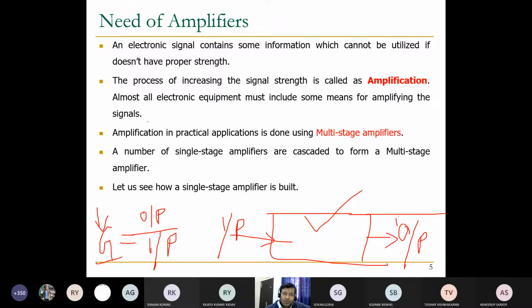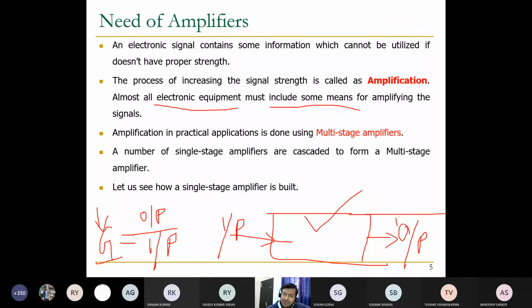So almost all electronic equipment must include some means for amplifying signals. In all electronic equipment, an amplifier is required. Almost. I'm not telling you all equipment. Almost. But based on the syllabus, I'll cover the single stage amplifier. In practical applications, however, multi-stage amplifiers are used in most cases.